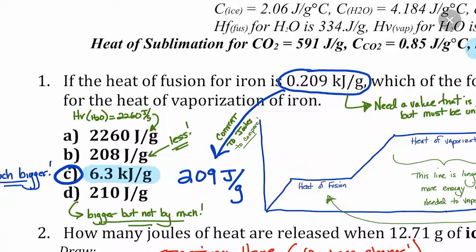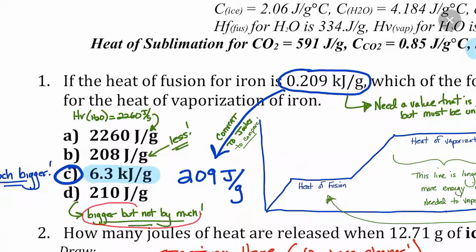Because this is already a value for water, and different substances have unique heats of vaporization, that can't be right. And you say, okay, 208 joules per gram is less, that's not going to be used, that makes sense. I can jump down to 210, which is bigger, so that could be a value I choose, but it's not bigger by much.